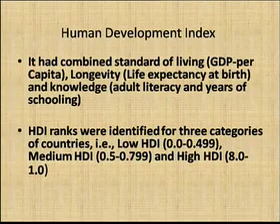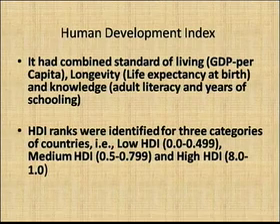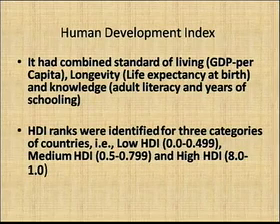So when all of them combine, you have an HDI which ranges from 0 to 1. 0 to 1, and 1 is the whole number. Anything less than that has to be a decimal. And originally they said three categories of countries: low human development countries, medium human development countries, and high human development countries.